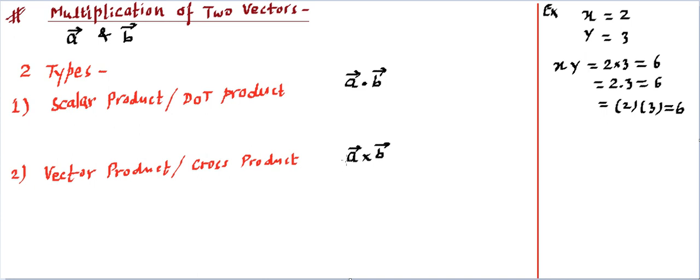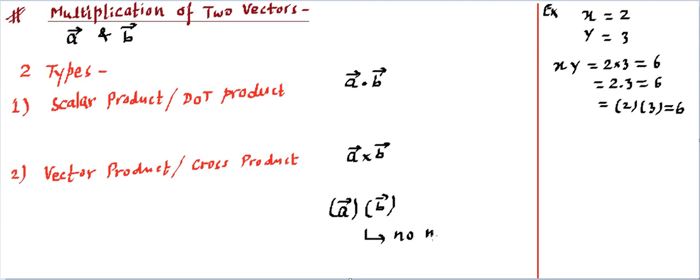So we need to be very careful to write and observe whether there is a dot or whether there is a cross, right? They cannot be interchanged, they are entirely different.